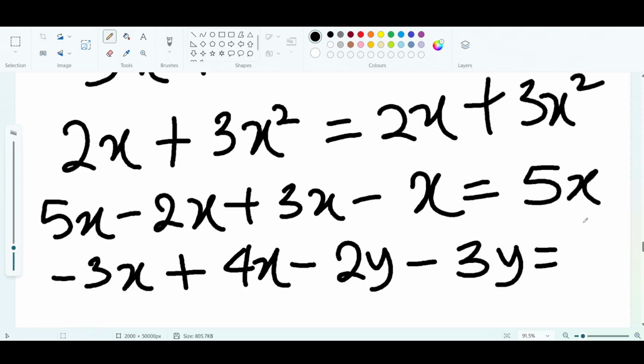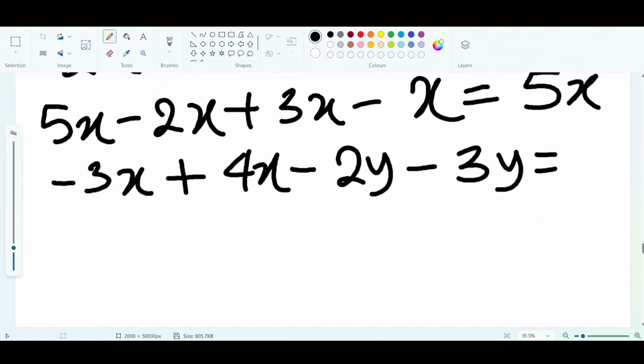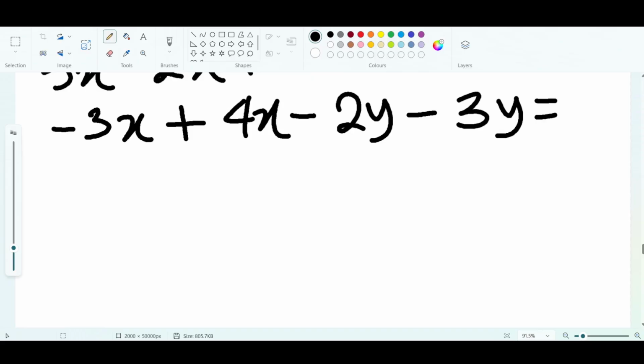So in the case of this one, what we see here is that we now have two variables. When we have two variables, the variables are different, and when the variables are different, you cannot add them together. Even if they are the same and they have different powers, we cannot add them. So not to talk of when they are entirely different.